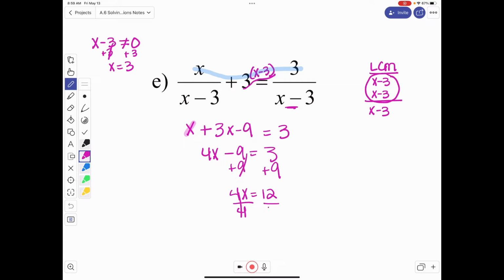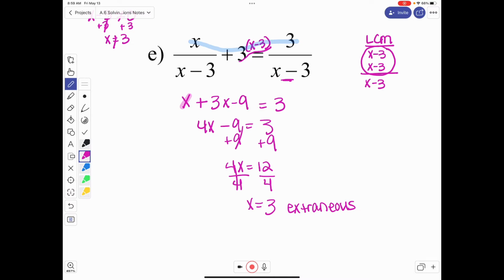I'll divide by 4, and so x equals 3. Now remember, oops, I forgot my not equals up there. So remember, we said x couldn't be 3. So this is an extraneous solution. That means even though we did everything correctly, it doesn't really work. So this is no solution. That's our symbol for no solution. So that's not going to work.